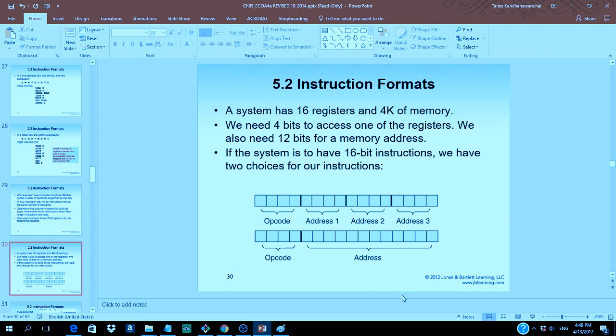So a system has 16 registers and 4K of memory. We need 4 bits to access one of the registers, right, 2 to the 4 is 16. We also need 12 bits for a memory address. This is exactly like MARIE, right?